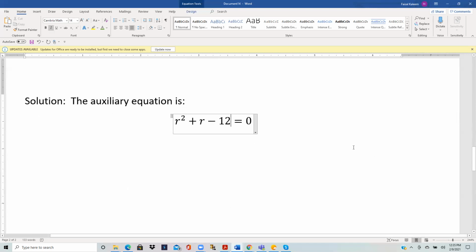Now, this one can be factored, but remember, mostly a general equation is not factorable, so you need to use the quadratic formula then.